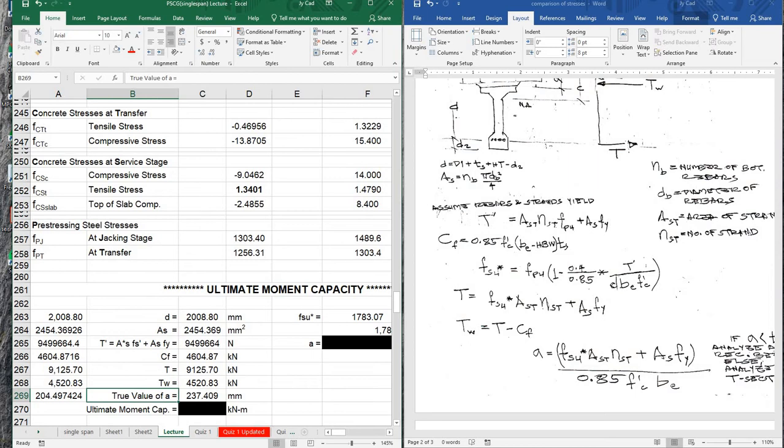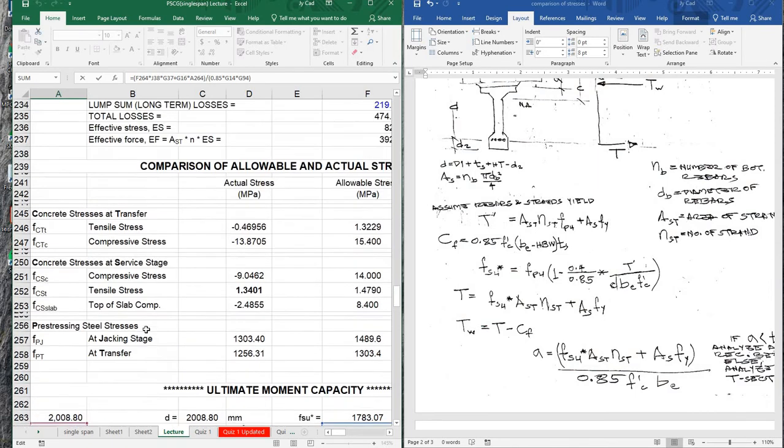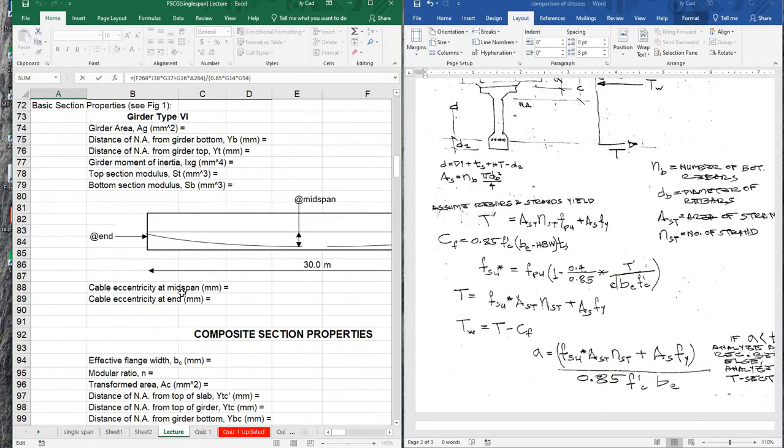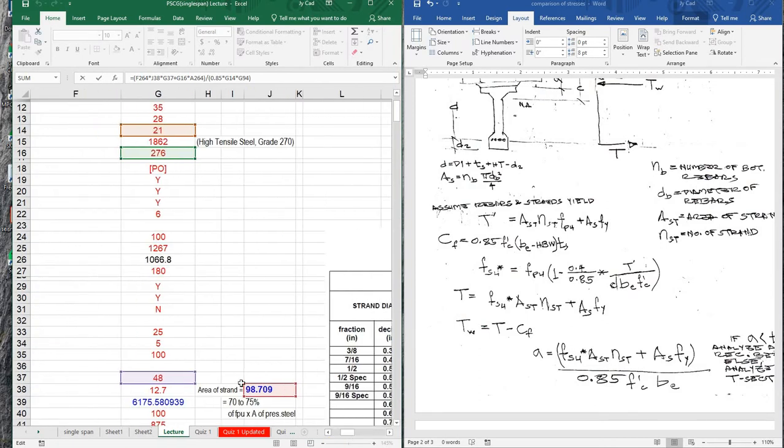Okay, so i-trace natin. Again, meron tayong equations dito. So, F264, tama, FSU. And then, J38 tsaka G37. Ito yung pre-stressing strands. Ayan, ano?